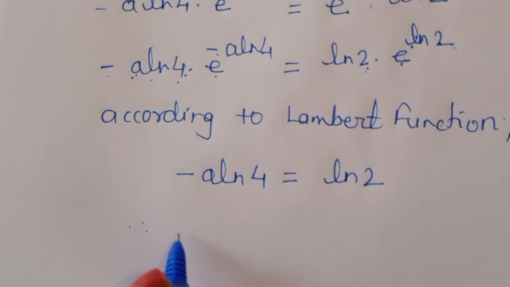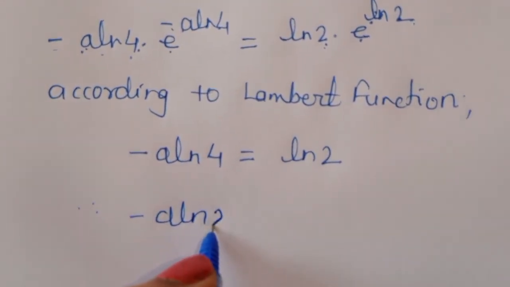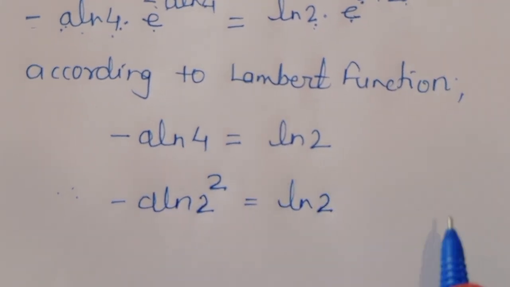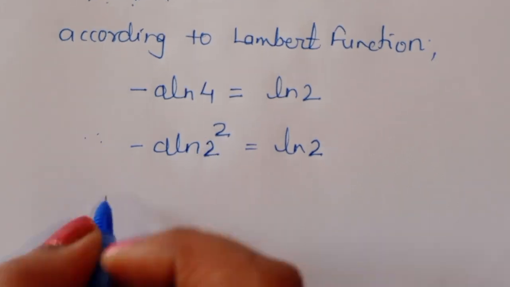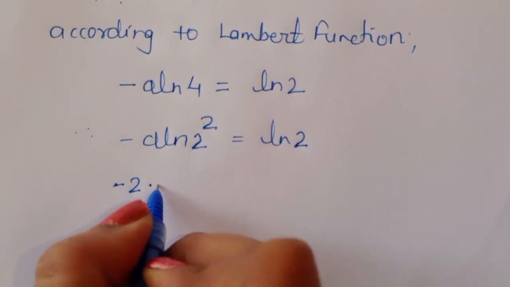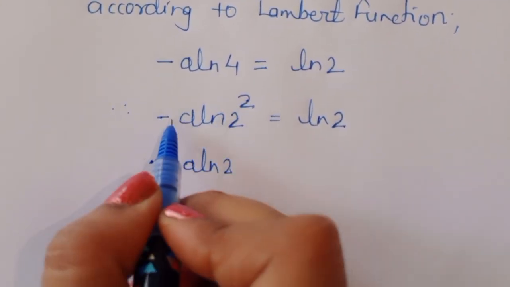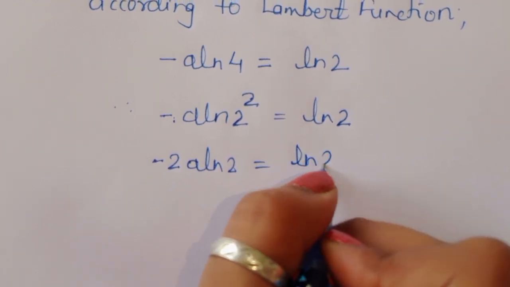Therefore minus a ln 2 squared is equal to ln 2, so minus 2a ln 2 is equal to ln 2.